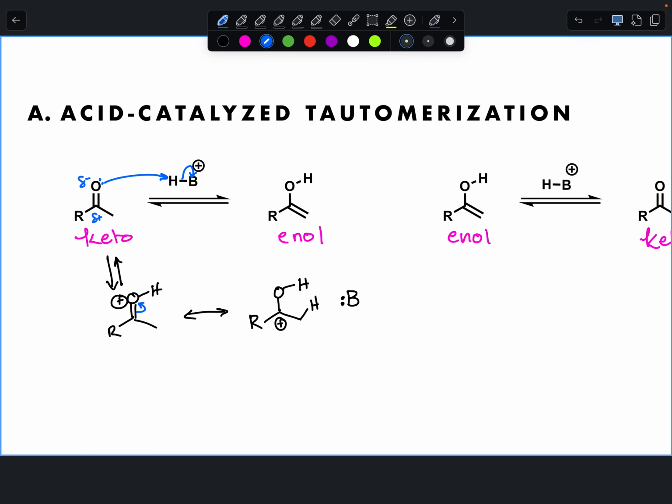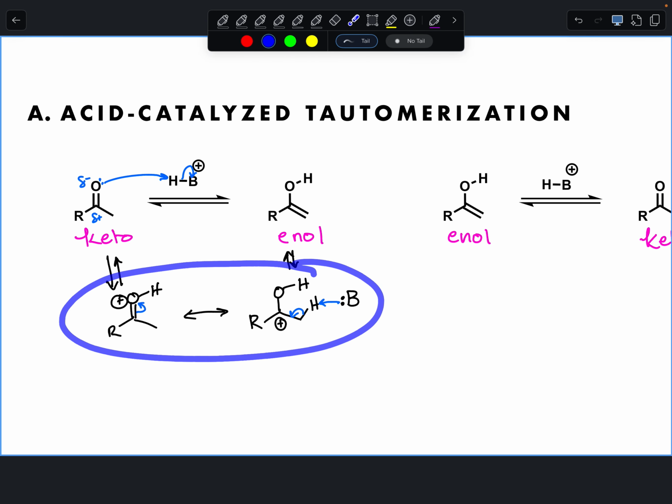Do you think it's going to be as low as the proton in alcohol? Some of them are. Isn't that crazy? So depending on what this group is, this alpha proton can be anywhere between 16 and, where are we going to go? We're going to go up to 30.